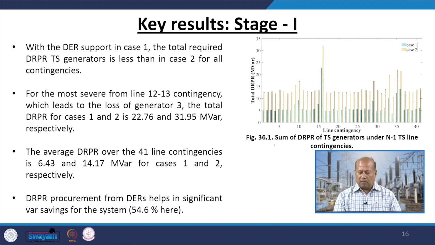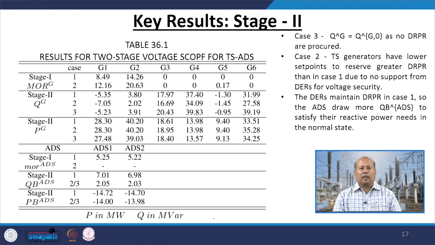We can see the sum of DRPR of transmission system generators under the 41 transmission line contingencies. Now, in case 3, as no DRPR is procured from the transmission system generators, in case 2 the transmission system generators have a lower set point to reserve greater DRPR than in case 1, due to non-support from DRs for voltage security.